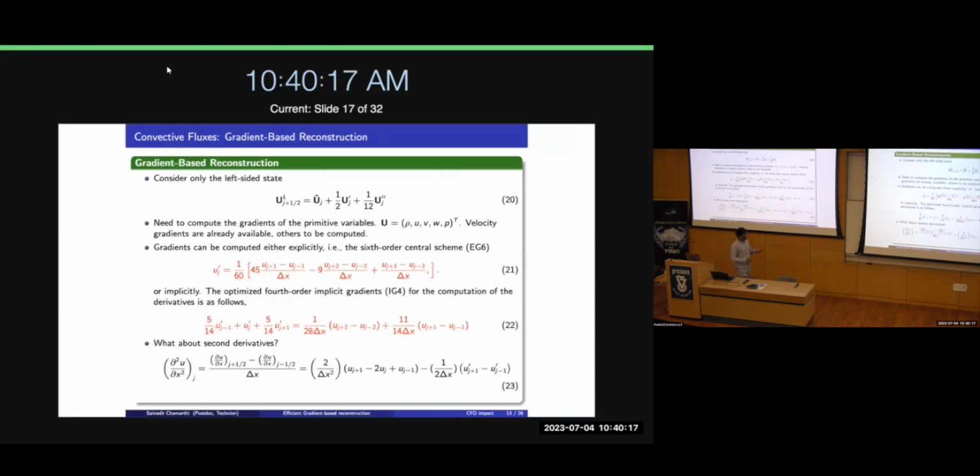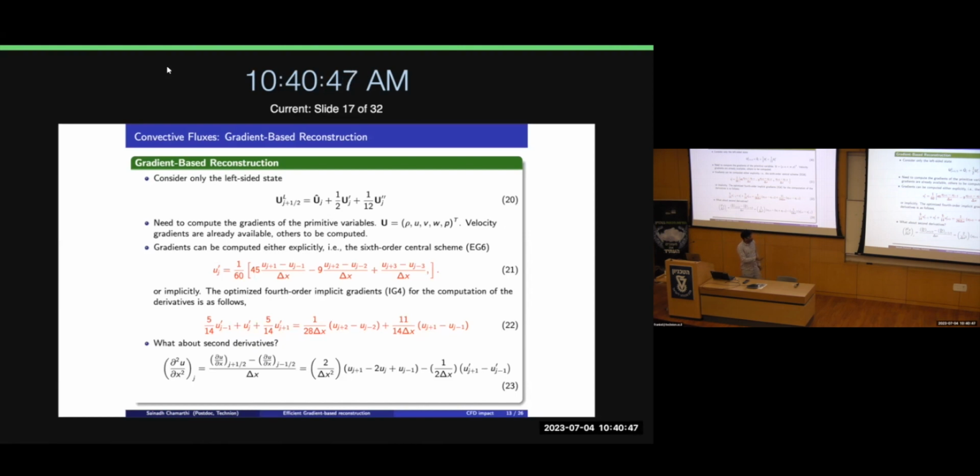So the gradients that I used in the viscous fluxes in the past, I'm using them again in this particular equation. So I compute the gradients for the viscous fluxes, but I'm also going to reuse them again here. They can be either explicitly computed by using the sixth order formula, or they can be computed by using an implicit scheme, that is a compact scheme, which requires a tridiagonal algorithm to invert and find the gradients.